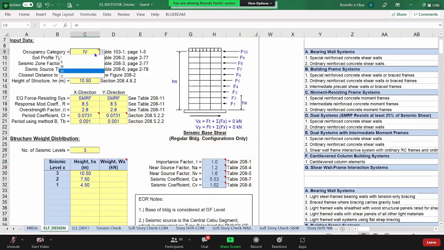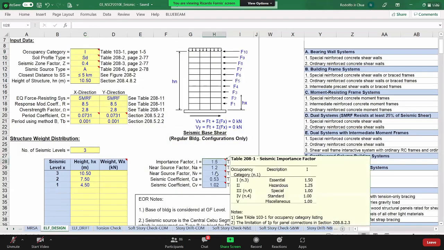For example, my building is essential, so category 1, the importance factor is 1.5. Or importance factor or safety factor. So I use a bigger safety factor because I want the essential building to still be operational even after a strong magnitude earthquake.